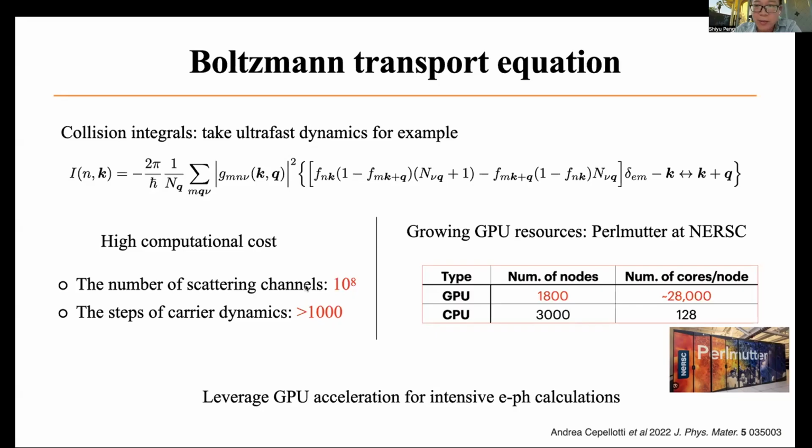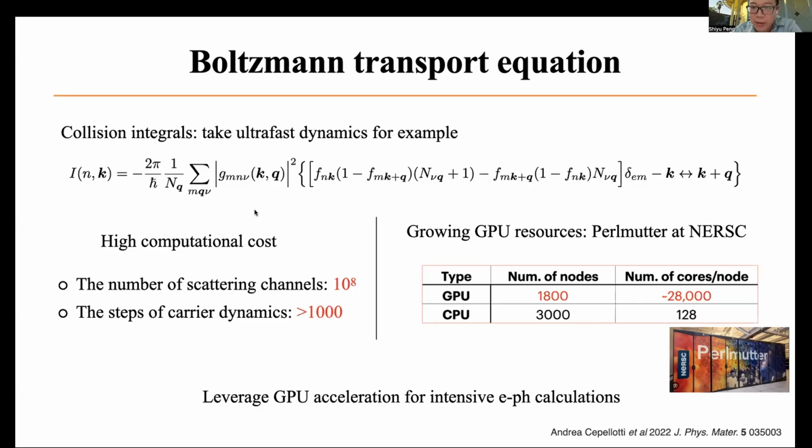There are 2 reasons why such a calculation is very expensive. First, the number of scattering channels could be as large as 10^8 or 10^9 in a typical calculation. And second, we need to do time stepping for the dynamics, while the total number of steps could be more than 1,000. For each step, you need to do expensive integral calculations.